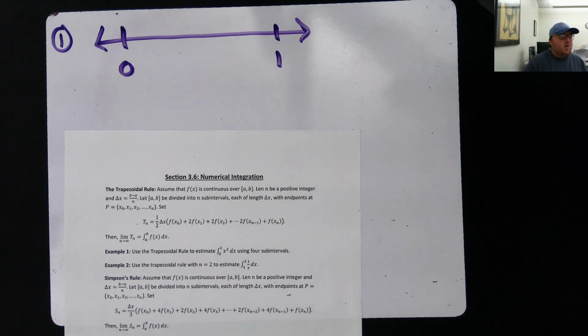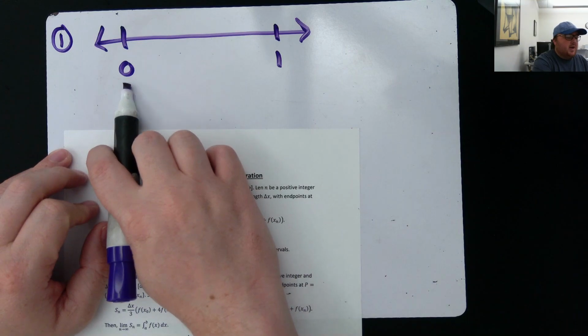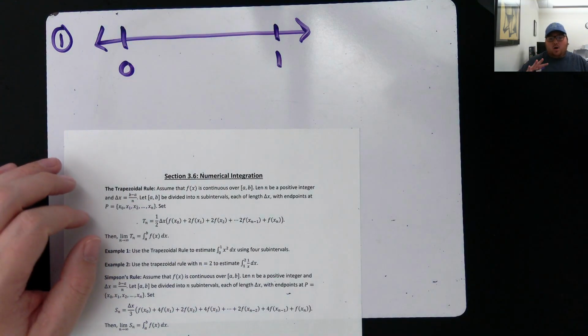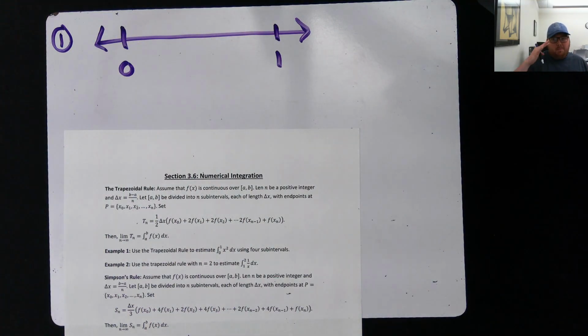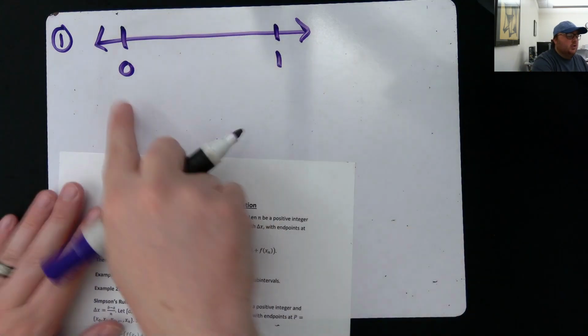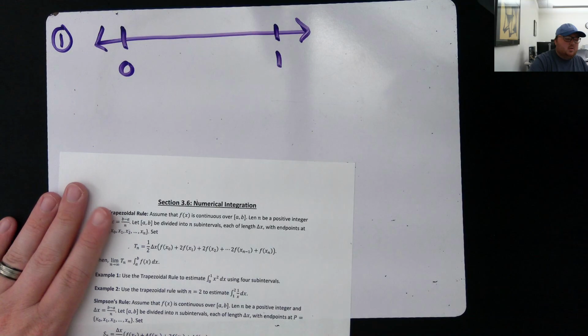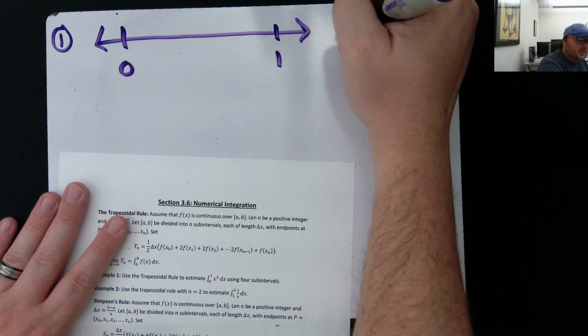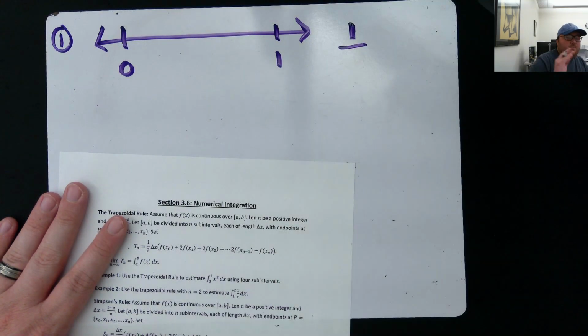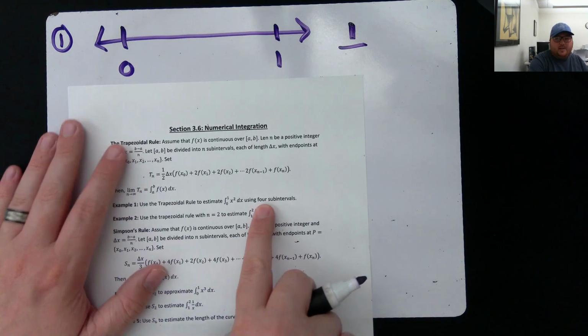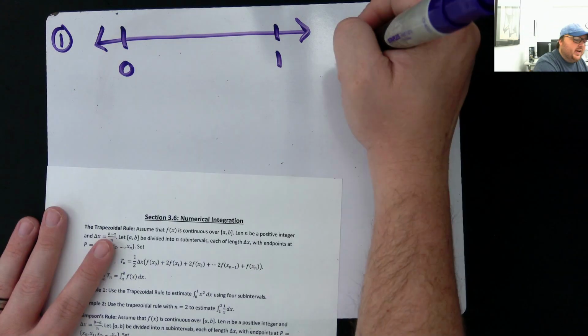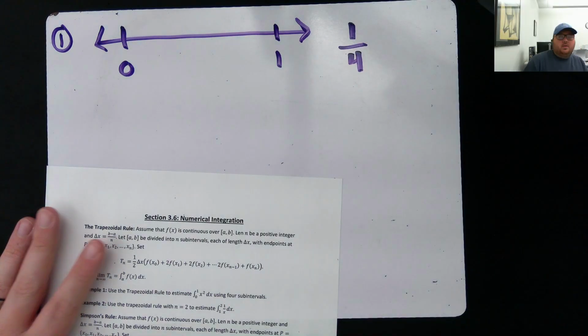To find out how big each part is, I'm going to divide this range by 4, because it's 4 parts. The total length from 0 to 1 is 1, and I'm dividing it by 4. So each width is 1/4.